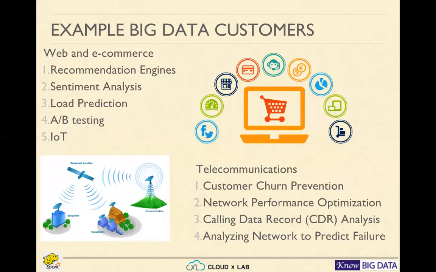The first and the most prominent ones are the e-commerce and web. So they were the first one to basically harvest humongous data. Example is recommendation engine. Amazon's maximum sales happen because of great recommendations.